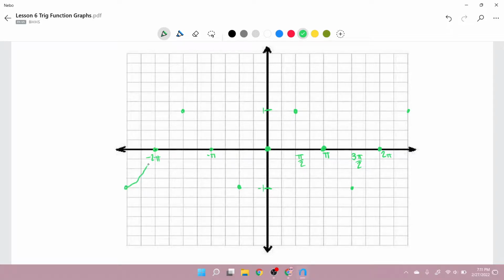Let's see if we can get the sine curve down a little bit. I'm sure it takes you a lot shorter amount of time to graph this.